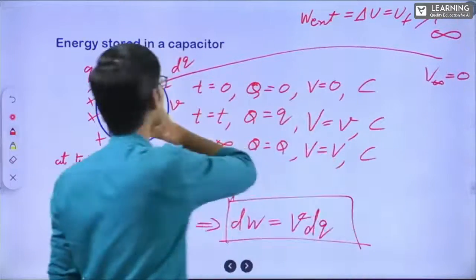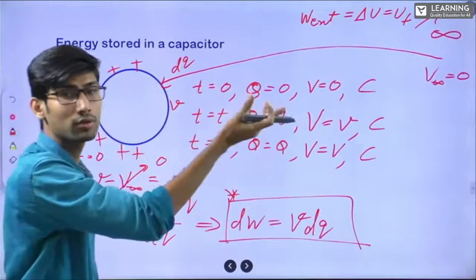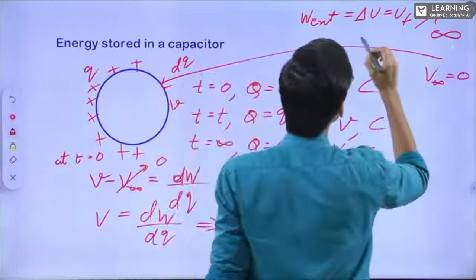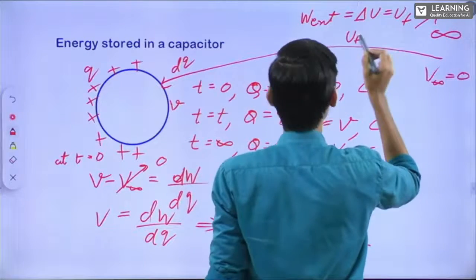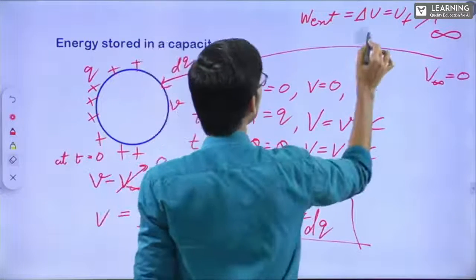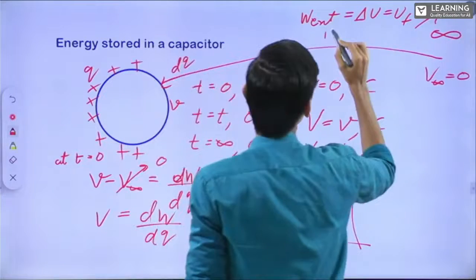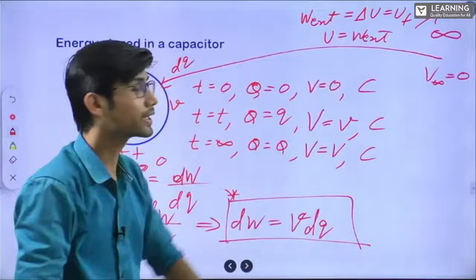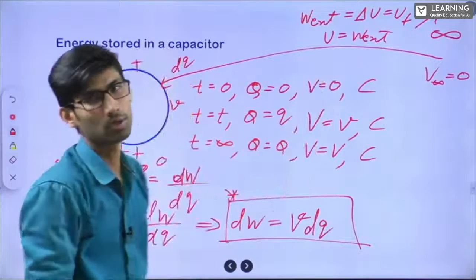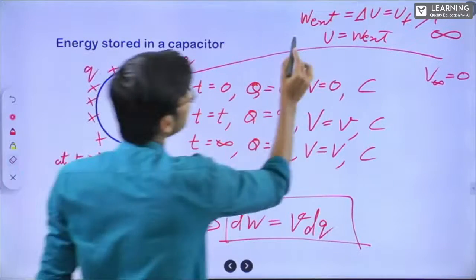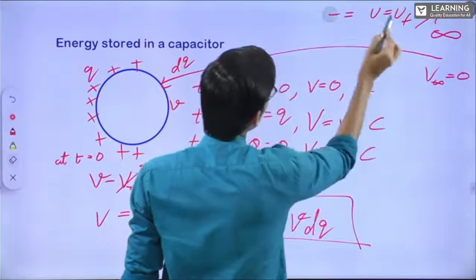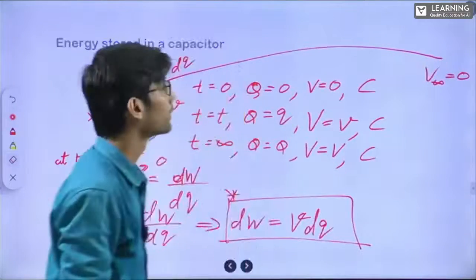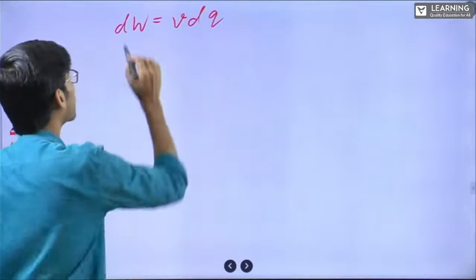For the configuration when there will be no charge, U initial will be 0, correct? So U final, or potential energy on that conductor, is W external. That's the reason I am finding out W external. Once we get W external, that is nothing but the potential energy, because whatever work I am doing, the same work I am storing in form of potential energy. Clear? So now I have to find this work.